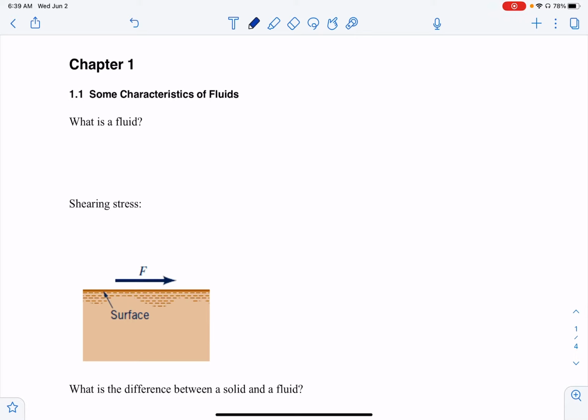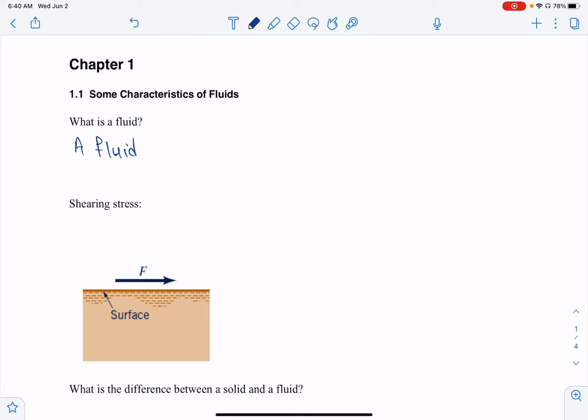So, what is a fluid? A fluid is defined as a substance that deforms continuously when acted on by a shearing stress of any magnitude. So let me just write it down.